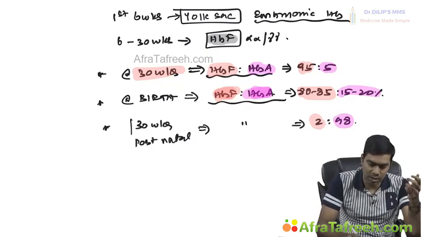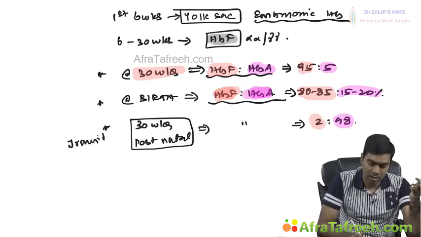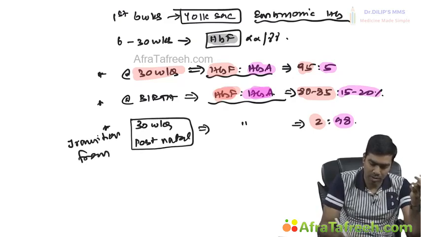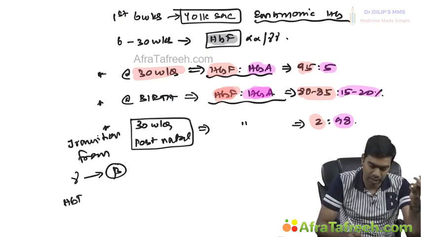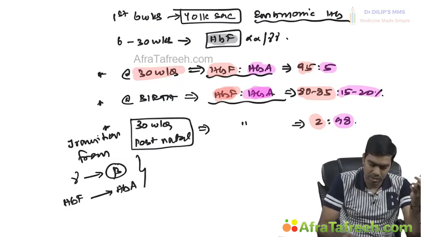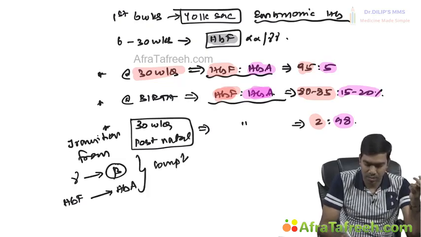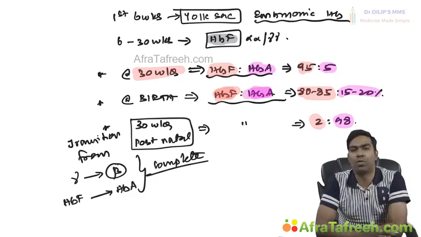Which means by around 30 weeks of the postnatal period, the transition from alpha to gamma is complete. Gamma to beta is complete. That is, the transition from HbF to HbA is complete by around 30 weeks of postnatal age.